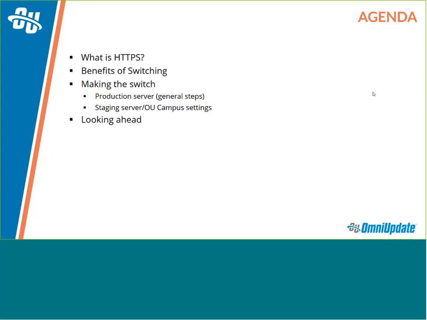In OU Campus, there are some other things we can do moving forward with the product in a future version release. So I wanted to give you a little taste of what that feature might be and what it'll do. But most of our time will be spent in a live demonstration of some things that we can do inside of OU Campus once the production server steps have been taken care of. And of course, we'll do Q&A.